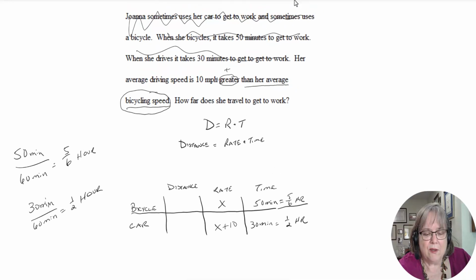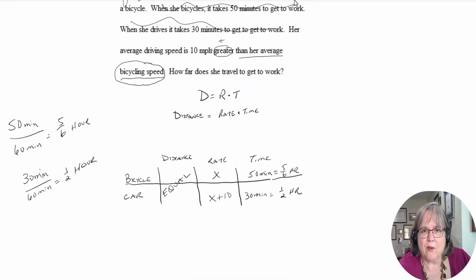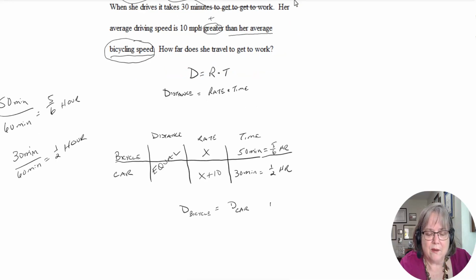And since she's traveling either way to get to work, these two distances are equal. The distance that she's going to travel by bicycle and the distance she's going to travel by car are the same. So the distance by bicycle equals the distance for the car. This is actually going to be your equation. Now, how do I get that?